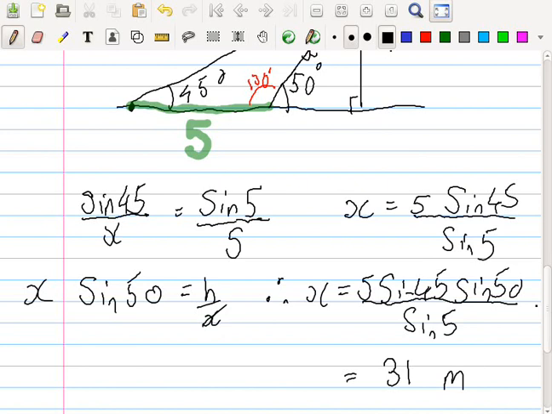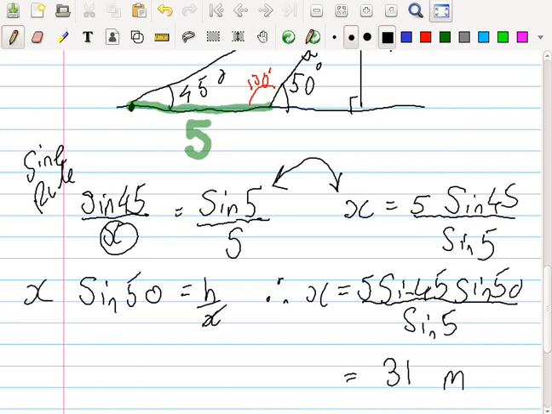I don't understand how you got x equals 5 sine 45 over sine 5. That comes from this one, and this one here is the sine rule. So I just rearrange this to get the x. I bring the x up, bring the 5 up, bring the sine 5 down.